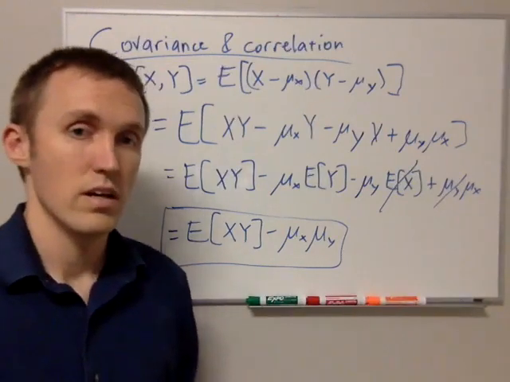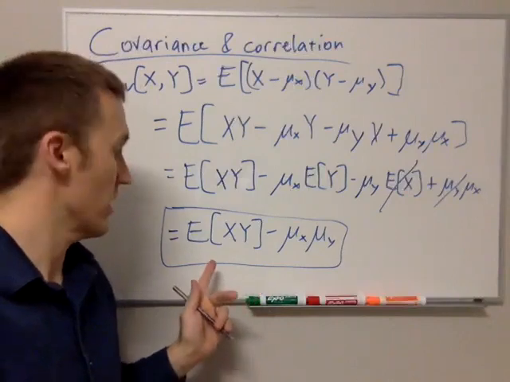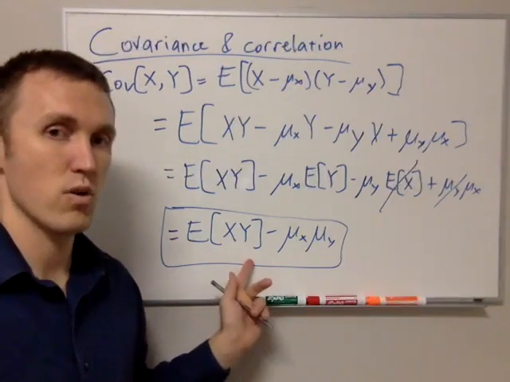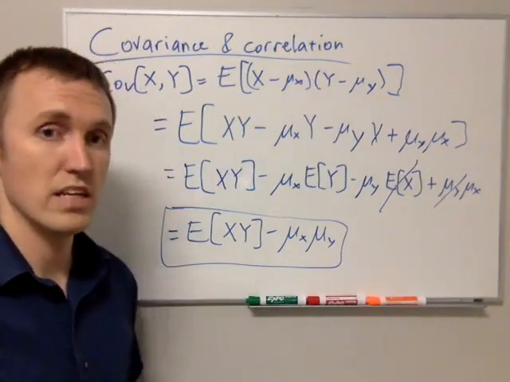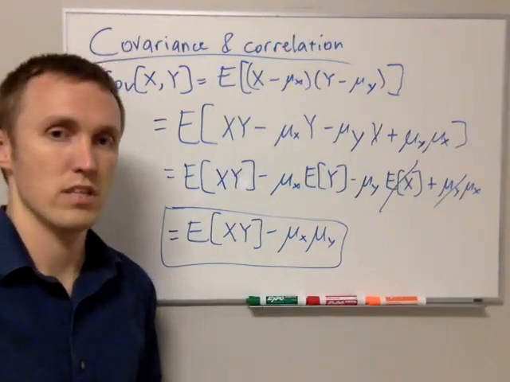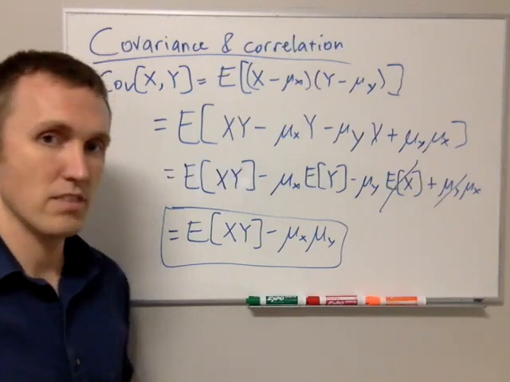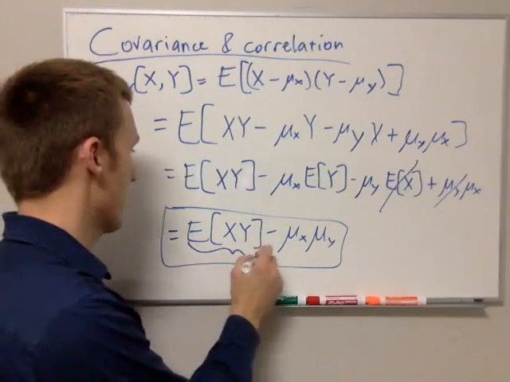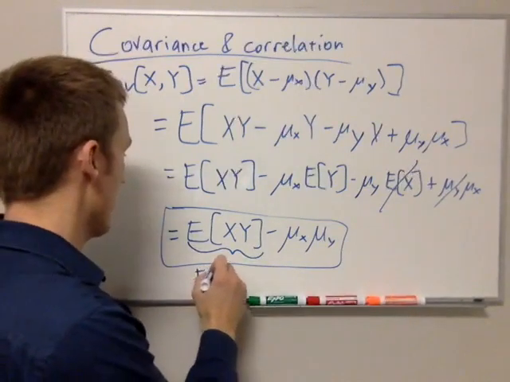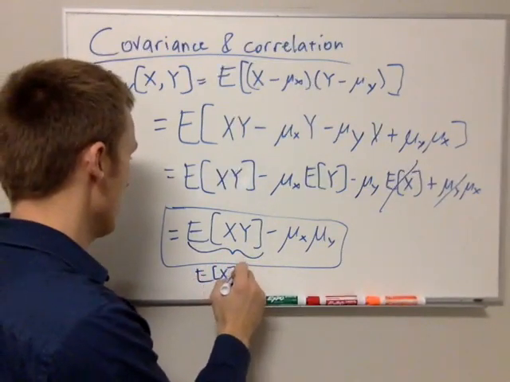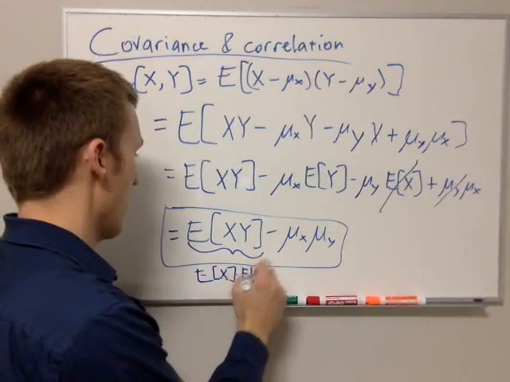Also notice this very important property, the expected value of x times y. One of the definitions of independent random variables is that the expected value of x times y is equal to the expected value of x times the expected value of y.